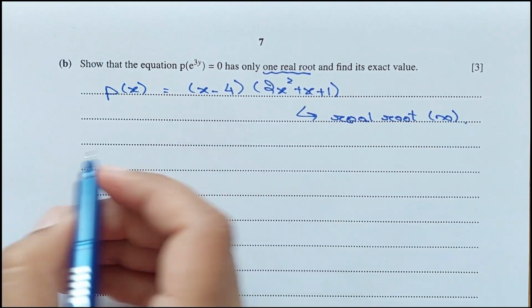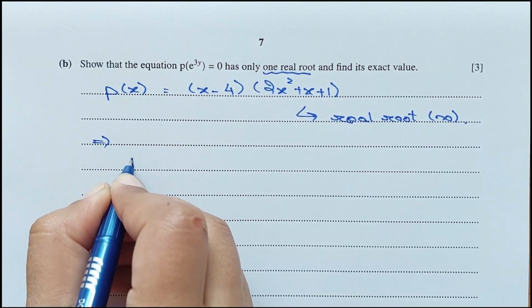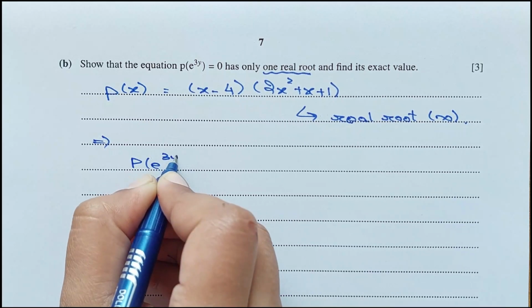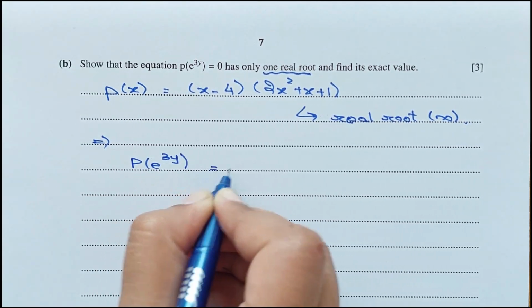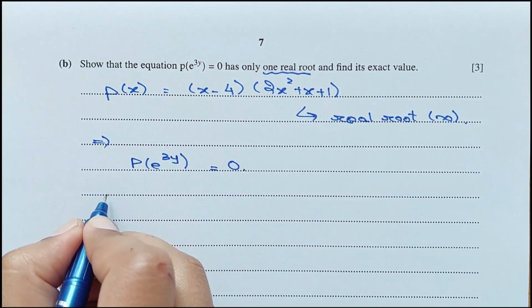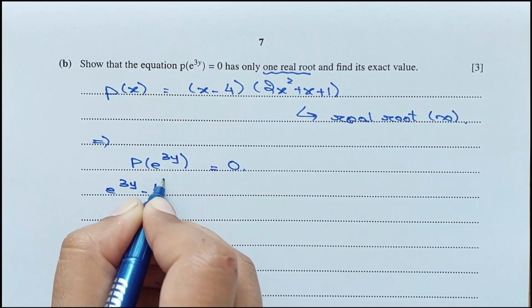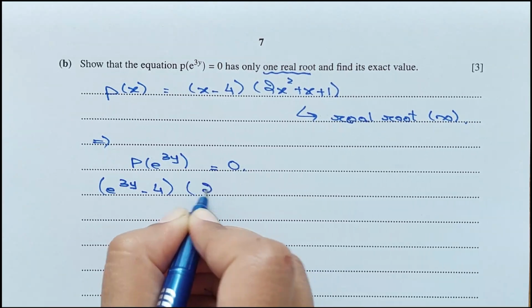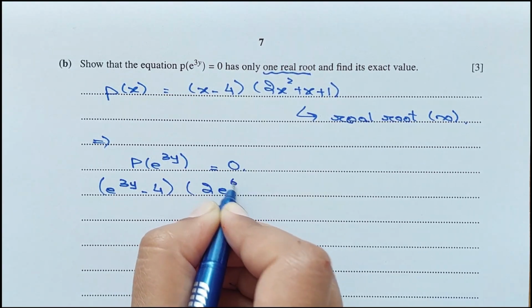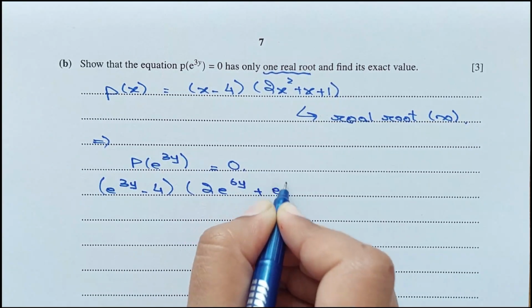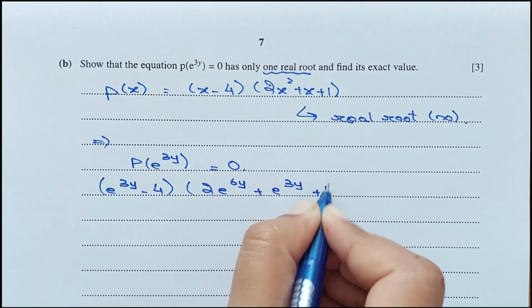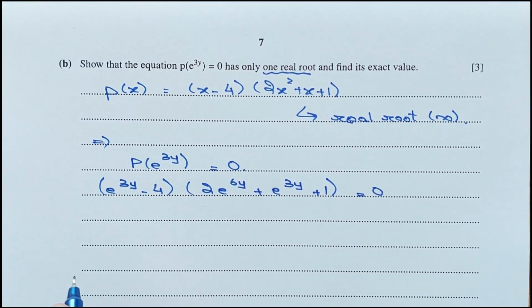So no real root. If I say p of e^(3y) equals 0, it means we have (e^(3y) − 4)(2e^(6y) + e^(3y) + 1) = 0.